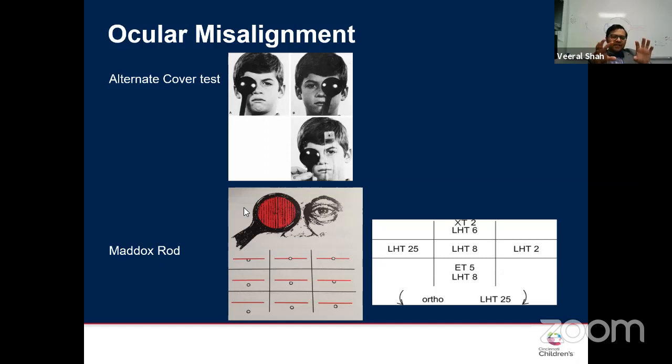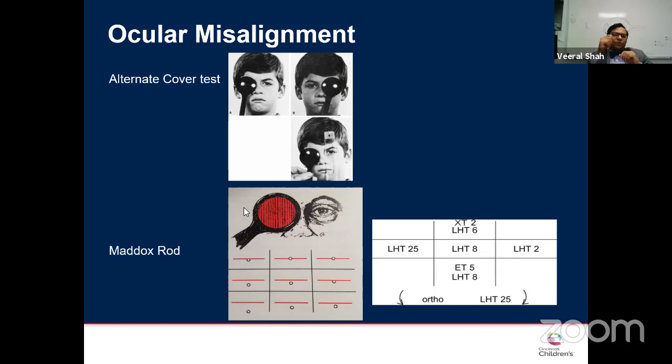An eye that's deviated inward, the corneal reflex is going to be out laterally, or temporally. And that's an ET. An eye that's XT will have the reflex more nasal, and the other eye that's fixating will be right in the center. So that's how you can tell about the misalignment.